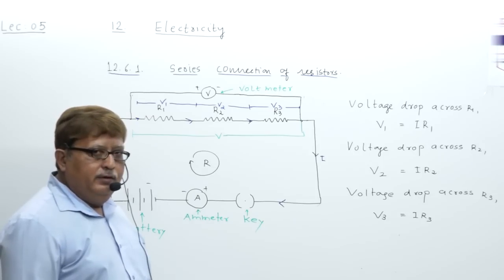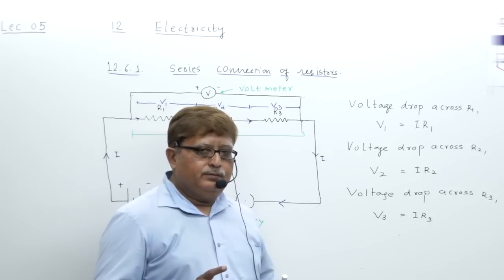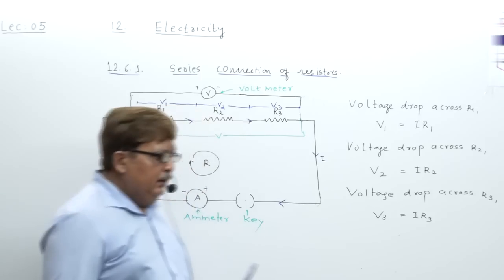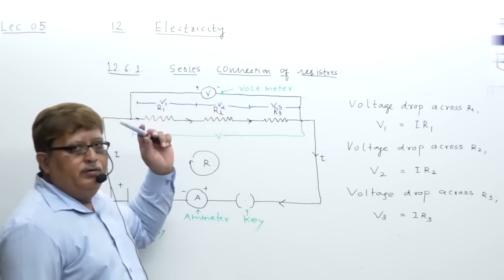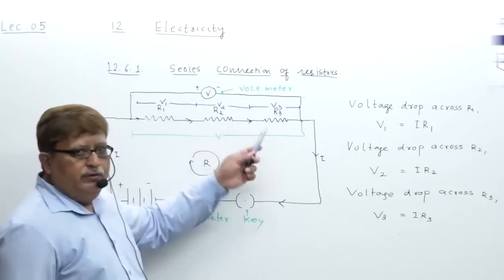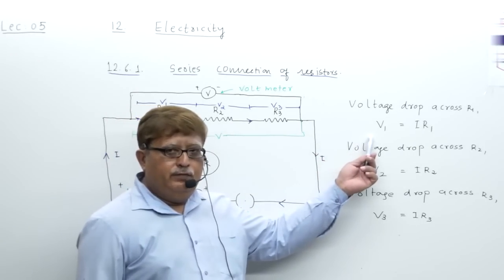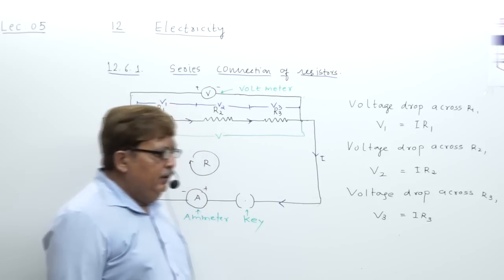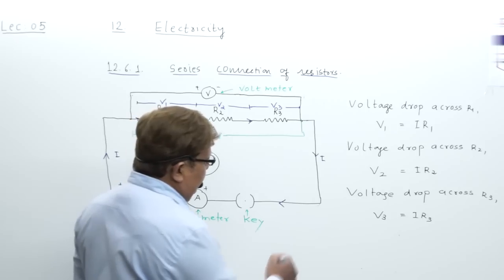Now, my dear student, just try to understand one thing. When you find V1, V2 and V3, and you add them, it is equal to the reading in the voltmeter. That is the overall potential difference across these three resistors. Understand? So if you add V1 plus V2 plus V3, it is equivalent to V. So can I write this way?